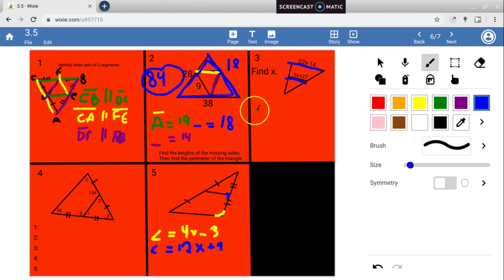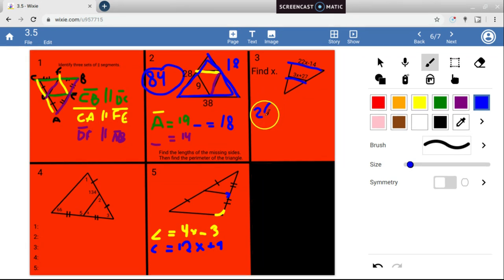So all we have to do to set up this equation is say 2 times 3x plus 27 is going to equal, I'm running out of space here, 22x.